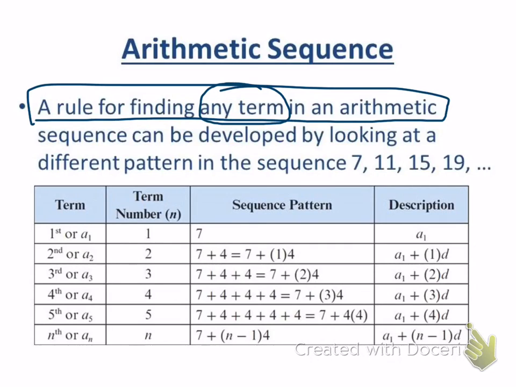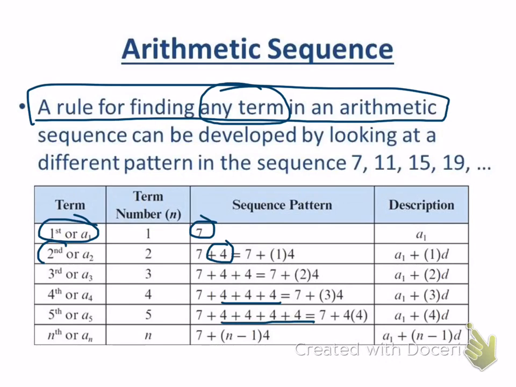Let's just say, for example, that the first term in our arithmetic sequence, a sub 1, is equal to 7, and again we're going to have a common difference of 4. So the next term we would add 2 4s. The next term adds 3 4s. The next term adds 4 4s. All right, so look at the pattern.